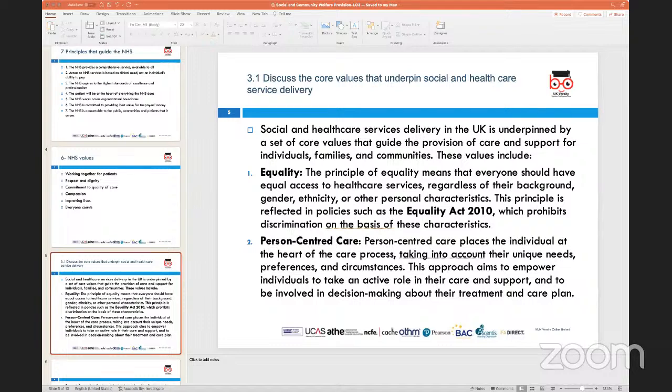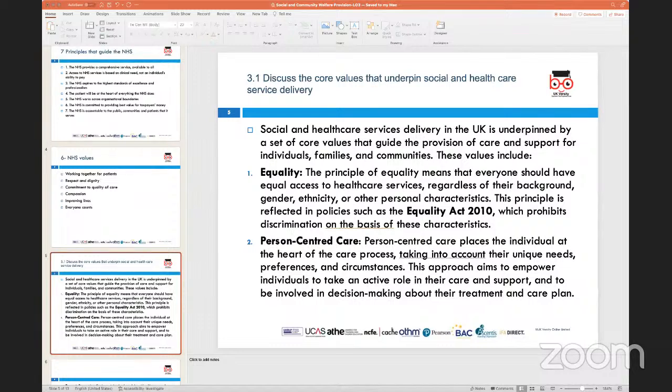The care that we are going to provide is going to be adhering to some sort of quality standards, and we are committed to the quality of care as per guidelines which are set by the NHS Constitution and also by CQC, which is a regulator. But at the same time, in delivering these services to the patient, we are going to make sure that we have the highest standards of excellence and professionalism, so that the patient feels empowered.